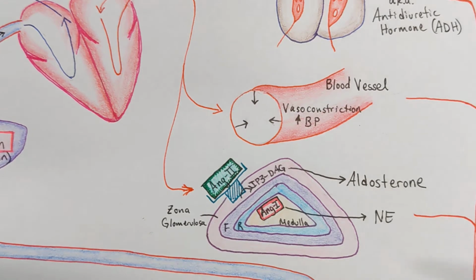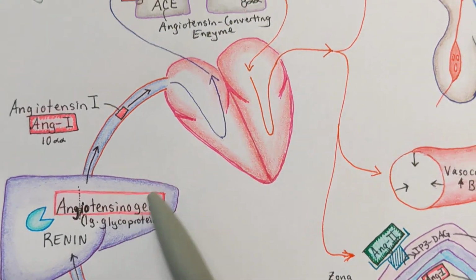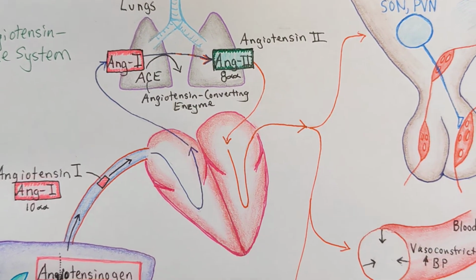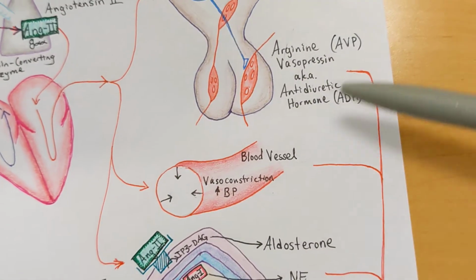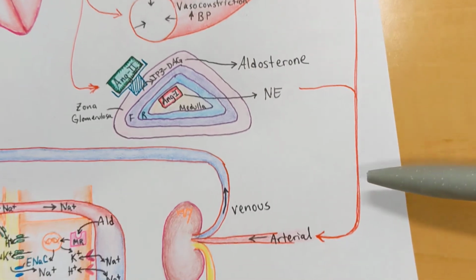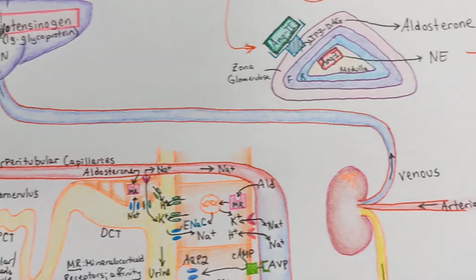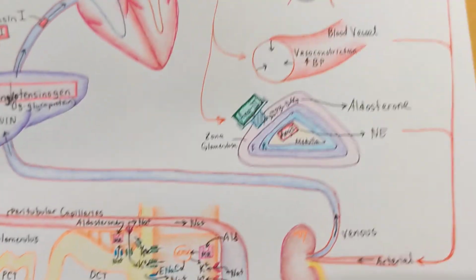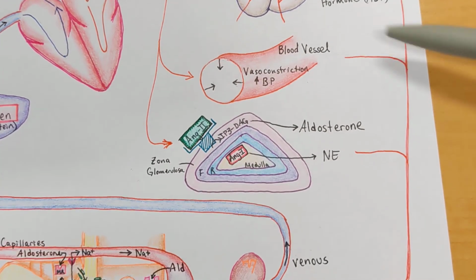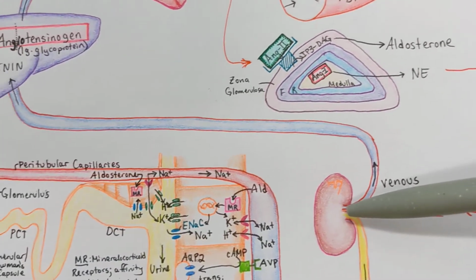And so a lot of different hormones are being released in response to renin's action on angiotensinogen and ACE's action on angiotensin I. So again, collectively, ADH, aldosterone, and to an extent norepinephrine, are released into the blood and ultimately end up in the kidney. And once again, I know that this is not an accurate circulatory pathway, but I just want to show you that all of these things end up in the arterial blood and into the kidney.